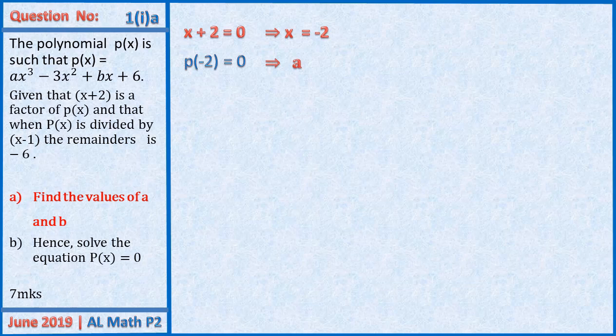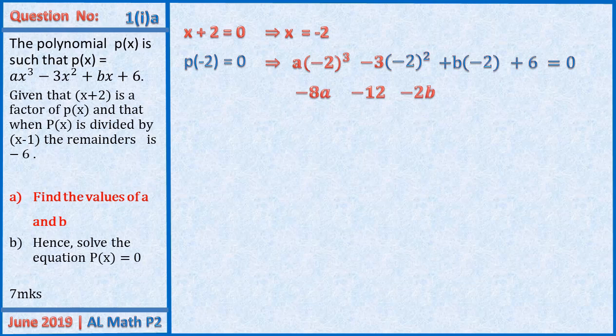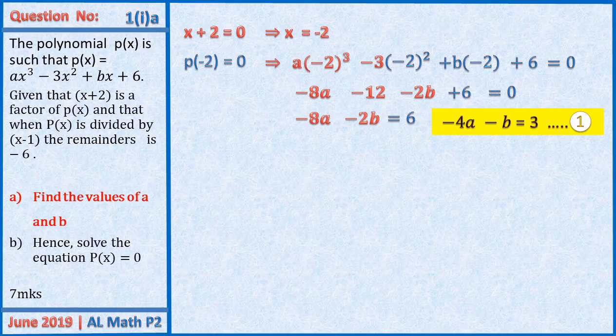Substituting the value of minus 2 in the equation, we have a into minus 2 to the power 3, minus 3 into minus 2 squared, minus 2 times b, plus 6, that is equal to 0 according to the condition for being a factor. This implies minus 8a minus 12 minus 2b plus 6 should be equal to 0. Simplifying this equation gives us minus 4a minus b equals 3, equation 1.